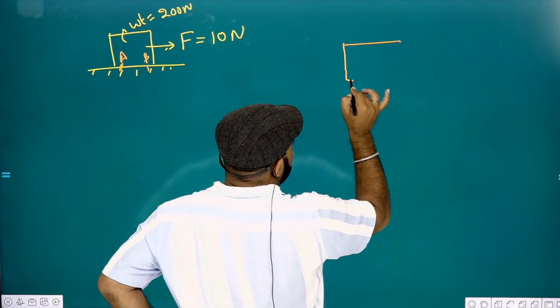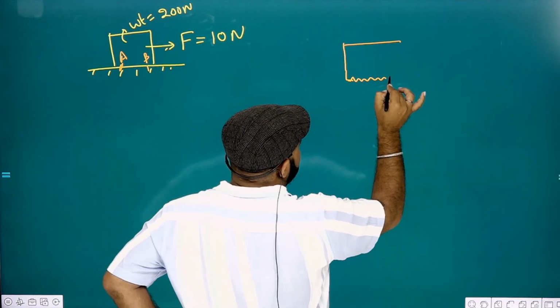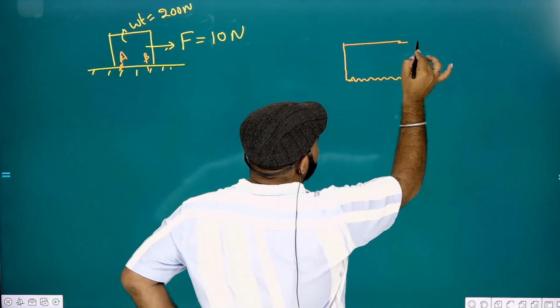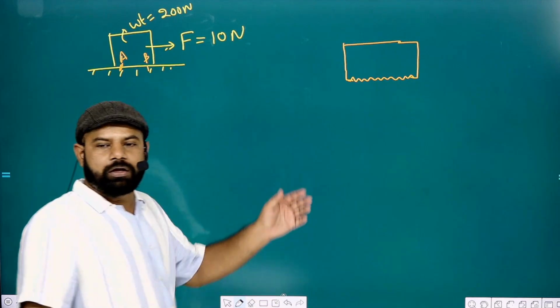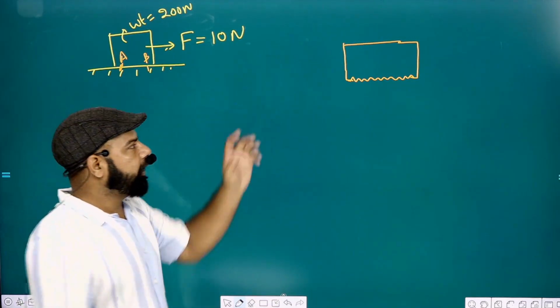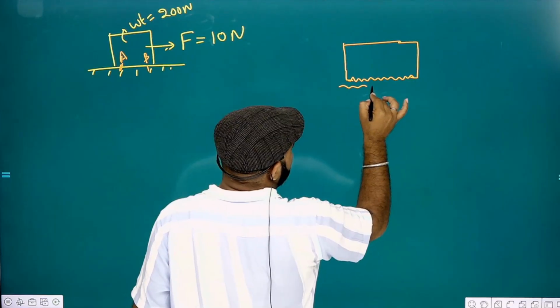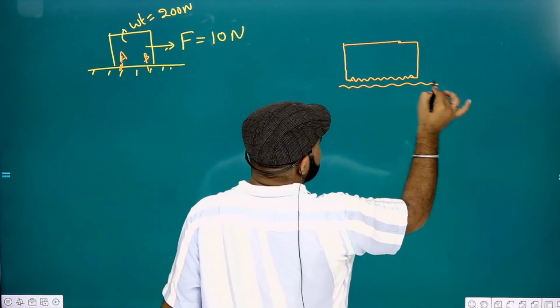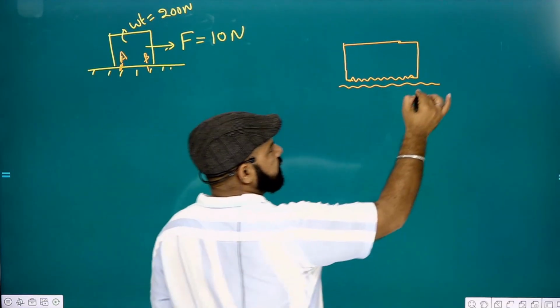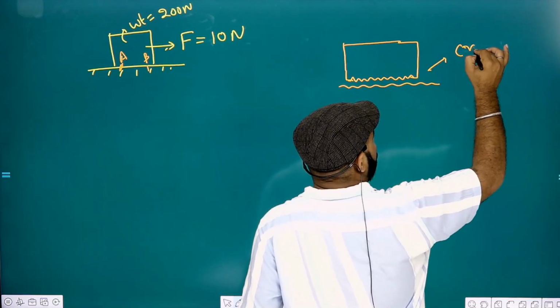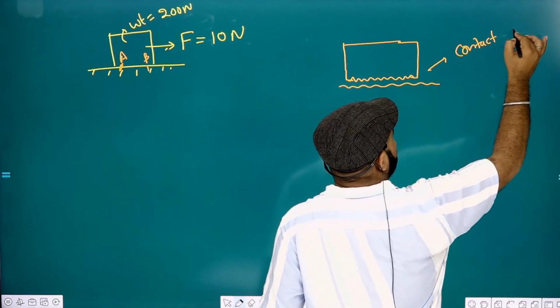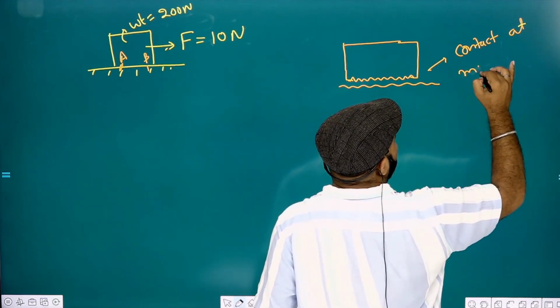I'm showing that at a microscopic level there will be some irregularities over the surface of block A. Similarly, if we consider the bottom surface, there will be irregularities like this. So this is contact at a microscopic level.